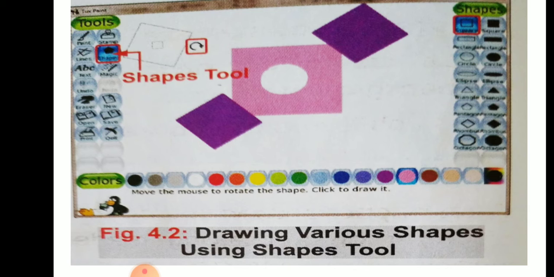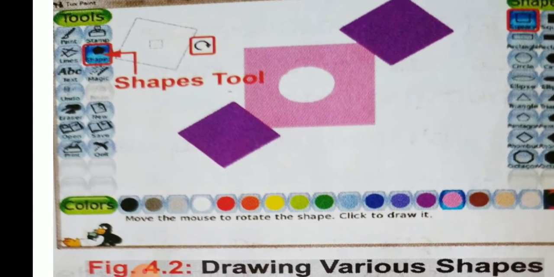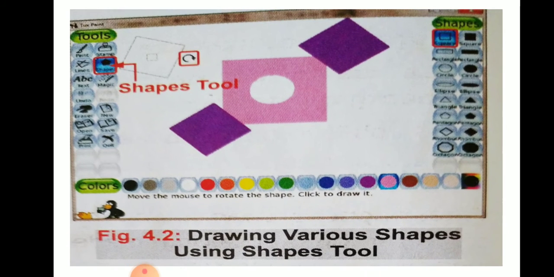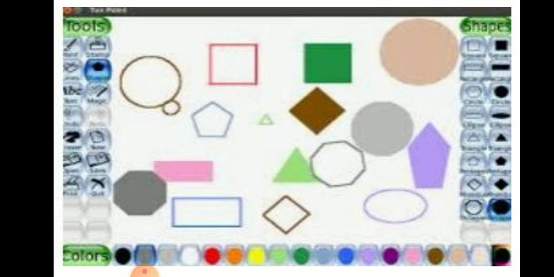We can read the instructions and see this arrow on the drawing area, which is used to spin the image by any angle from the center point. We try spinning the arrow in any direction and the square spins. Once we have done the work, we click on the drawing area and we can see the final image.